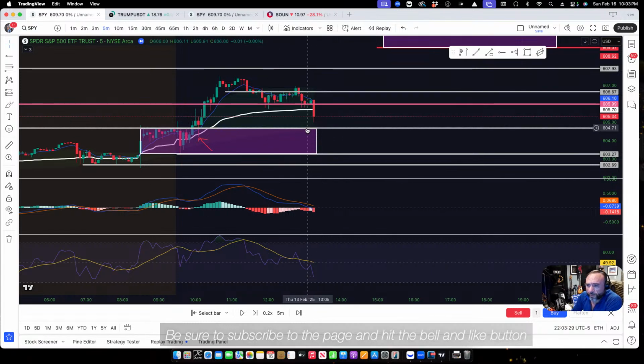I would be looking to reload calls somewhere close to the top of this structure, and this candle right here might have done it. I mean, we're 50 cents away from the top of structure.